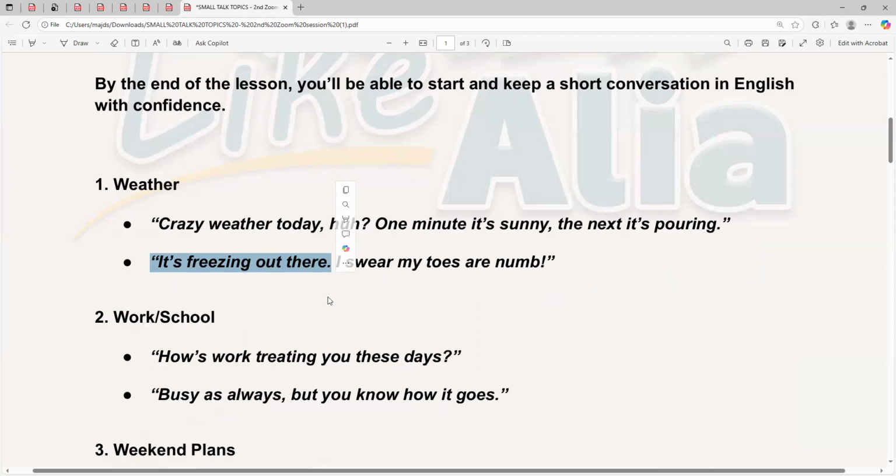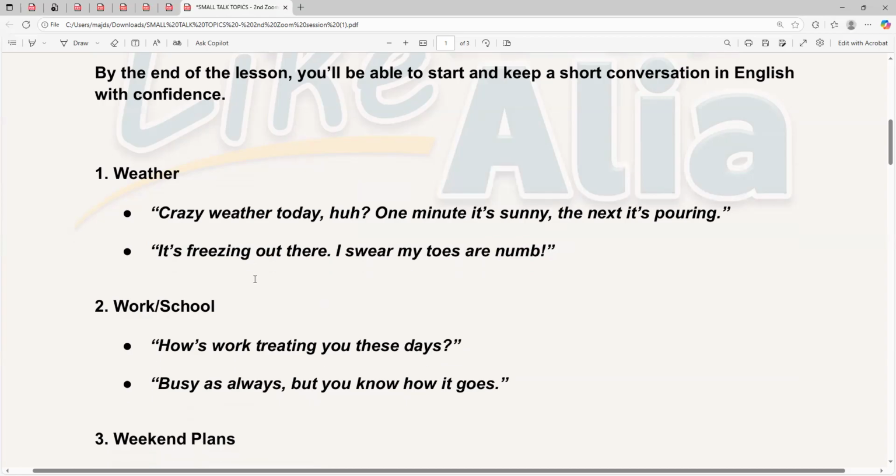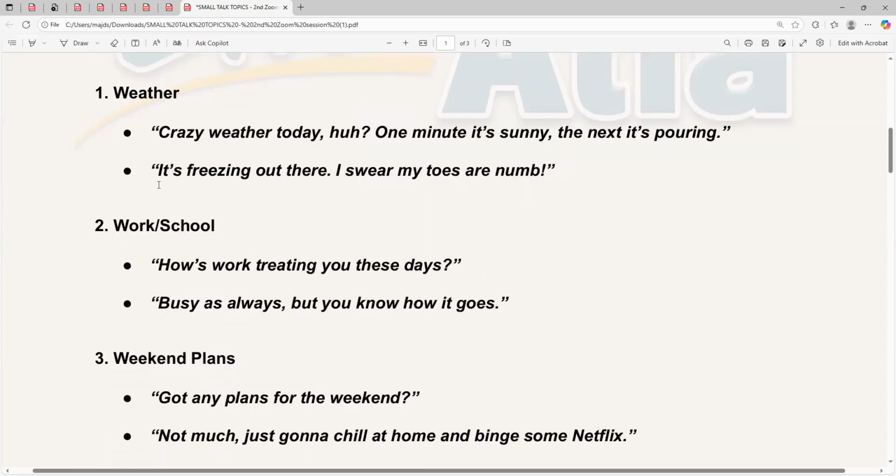I'm saying it's freezing out there, like, oh my God, the weather is so cold. I swear my toes are numb. So those kinds of expressions we use in the language to sound more native-like. Next time, if you want to say that the weather is very cold, try to say it's freezing out there. I swear my toes are numb.